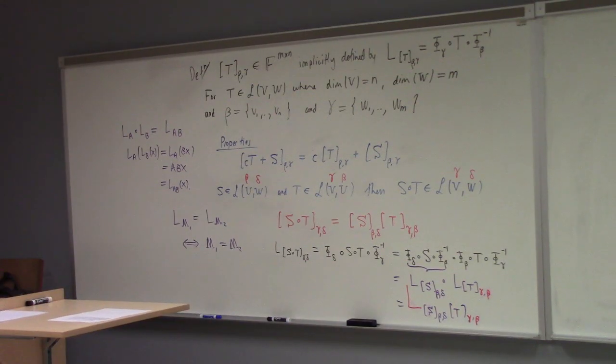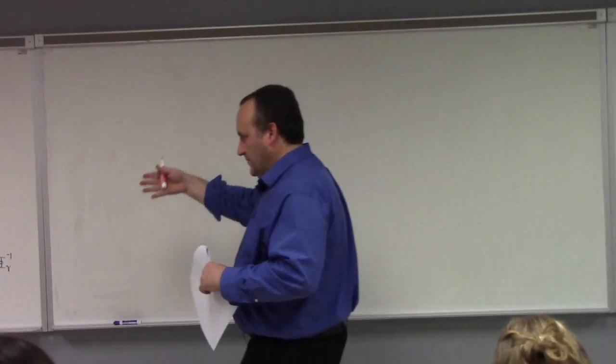All right, so my larger point here is just that the properties of the matrix of a linear transformation are just what we'd hope for, like the way they work under addition, the way they work under composition. It's all what we want.